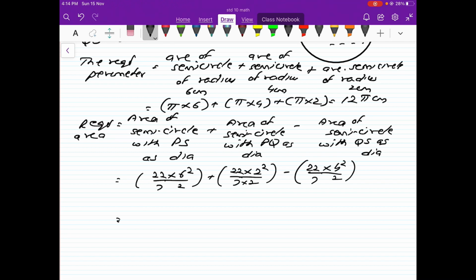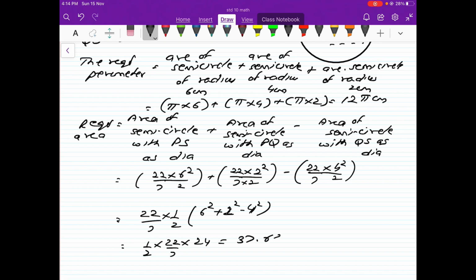So if we take common, this is 6 square plus 2 square minus 4 square. So we are finally getting half into 22 by 7 into, this is 36 plus 4 minus 16, so it is 24. So this is 37.68 centimeter square. So that is the required area of the shaded region.